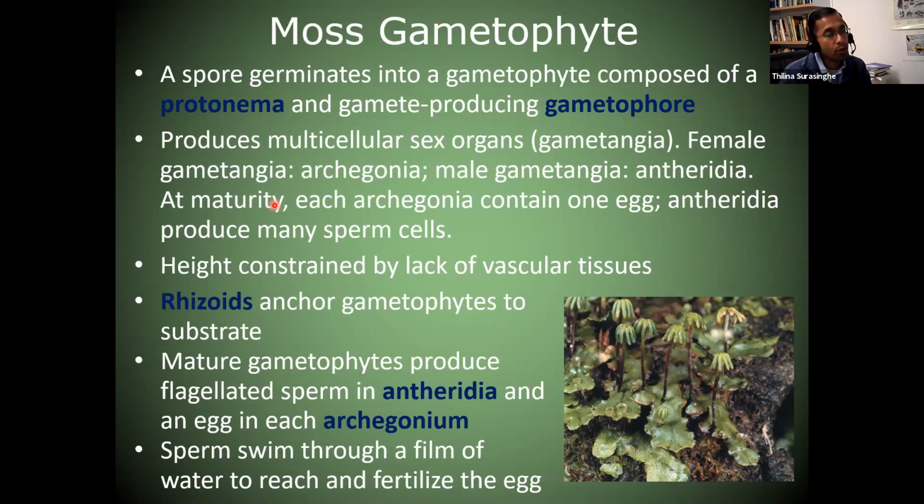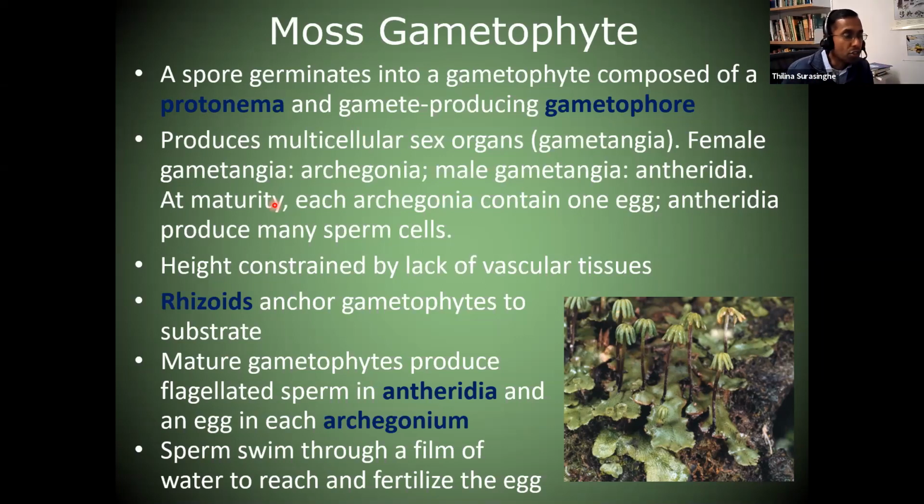Mature gametophytes produce flagellated sperms. Remember, the male reproductive parts, antheridia, produce these flagellated sperms, and the egg is produced in the archegonium. The egg remains in the archegonium forever; it doesn't leave.